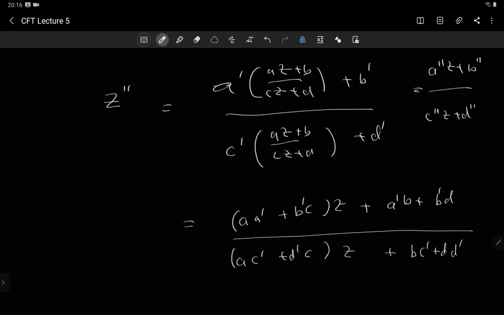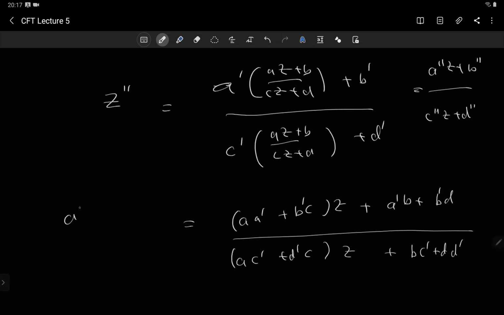Is it clear that this is what you will get? Just multiply CZ plus D on the other side. So you get this, A prime plus B prime C Z, A prime B plus B prime D, and here you have A C prime plus C D prime, and B C prime plus D D prime. Yeah, so it looks correct.